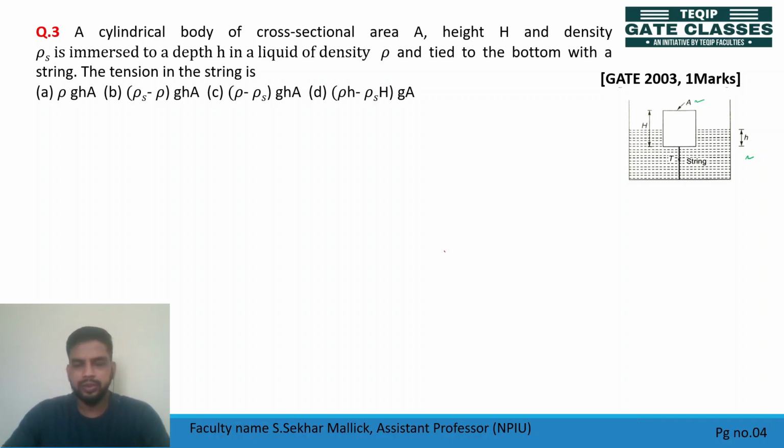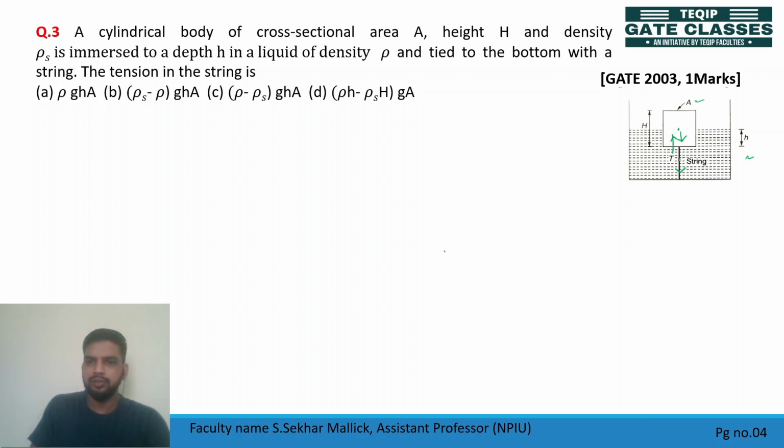So which option would be the correct one? How to proceed with this kind of problem? This body is floating, right? And here, if this is the CG of body, weight will be acting downward and buoyant force will be acting upward, right? And this is string, so tension is this in the rope.